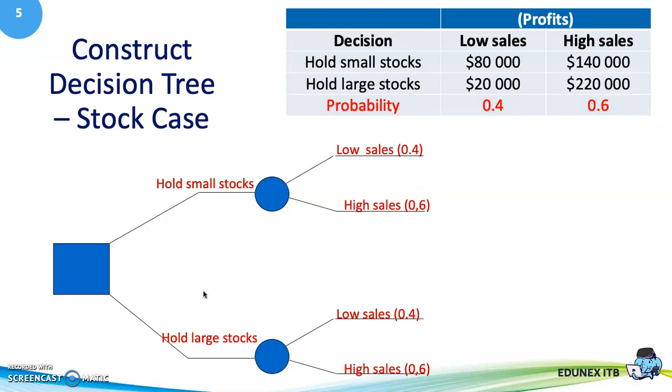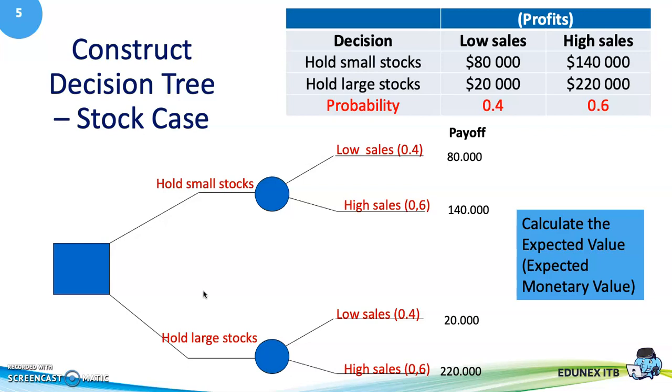Low sales, you have probability here 0.4 and high sales probability is 0.6. And this is the payoff for each alternative, which is future events. Also, for example, hold the small stock. If the low sells, then you get the payoff 80,000. From this, then we need to calculate the expected value or expected monetary value.